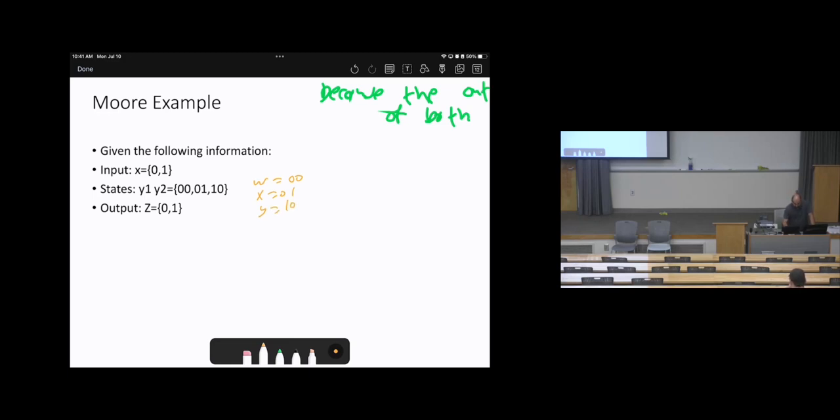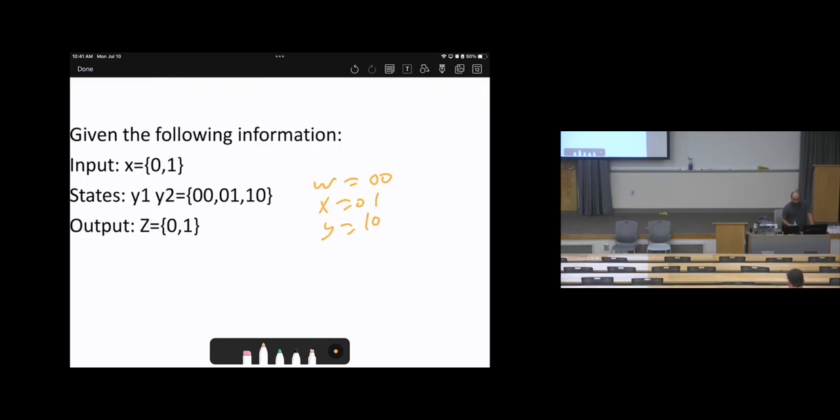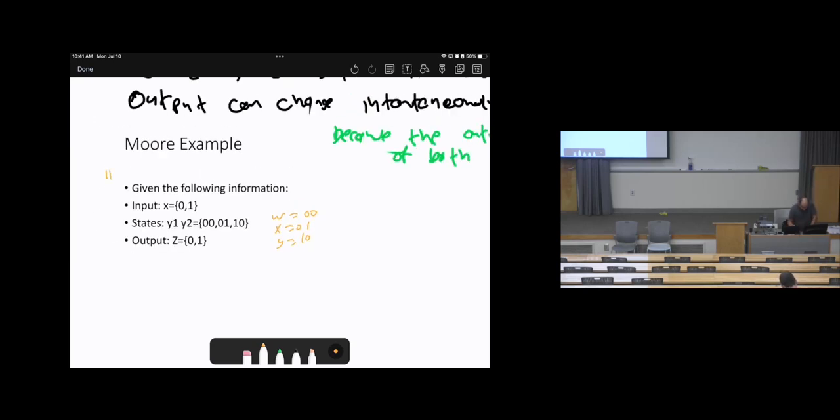Here in this scenario, because we know it's 2 bits: 0, 0, 0, 1, 1, 0. What will happen to 1, 1? It's just not used. The 1, 1 state is not used. Just keep this in mind. This state is not used.